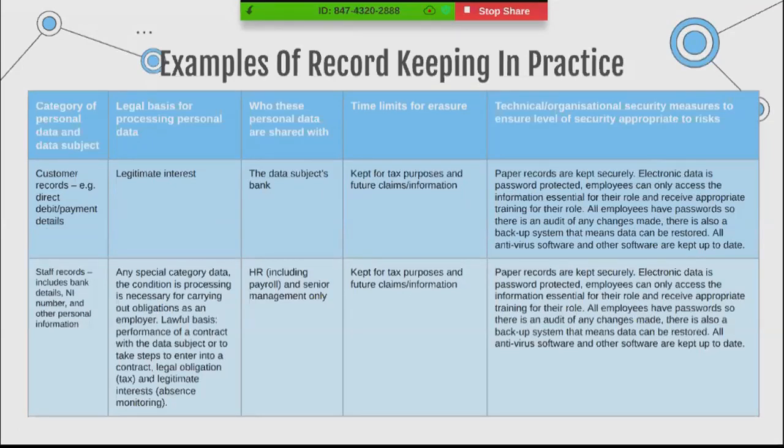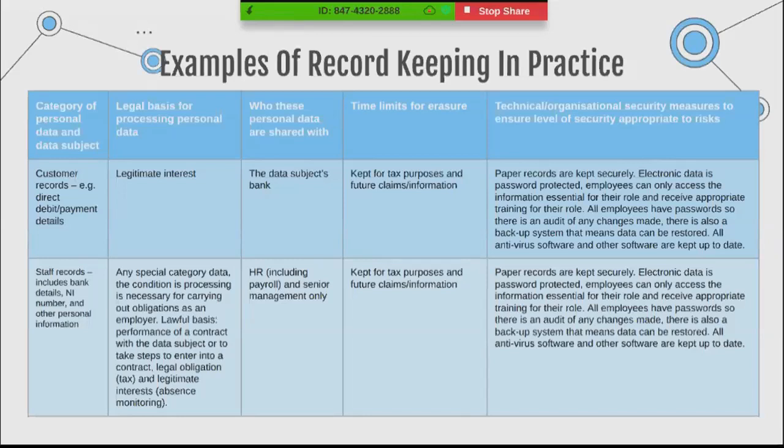So there's a legitimate interest for us to record direct debit payments or transaction details, etc. So this should only really be shared with the data subject's bank, unless there's a third party who may potentially be processing direct debit information for us, for example. But other than that, there shouldn't be any sort of third party involved in the handling of this data.